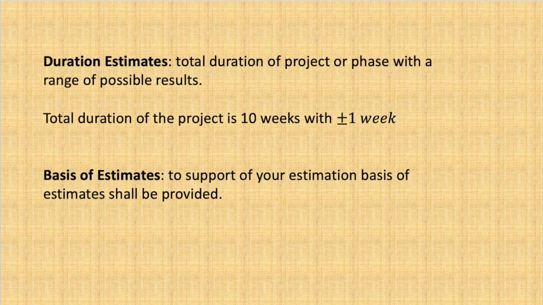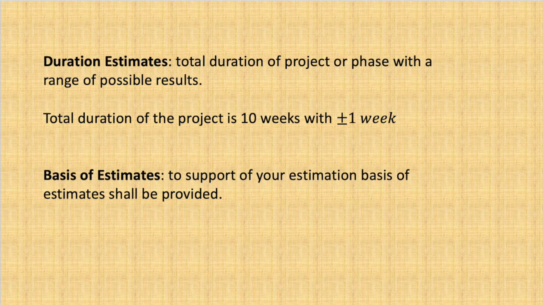So we sum up duration of all the activities and we come up with the total duration of a project or phase with a possible range. Like total duration of the project is 10 weeks plus minus 1 week. We can complete this project 1 week early, or in worst case scenario we will be delayed only by 1 week.